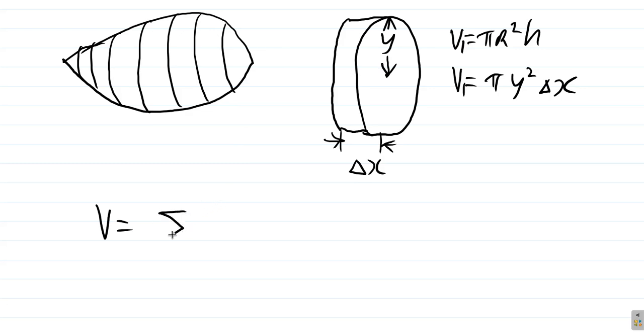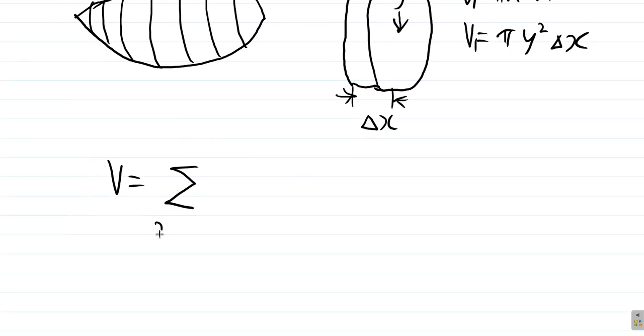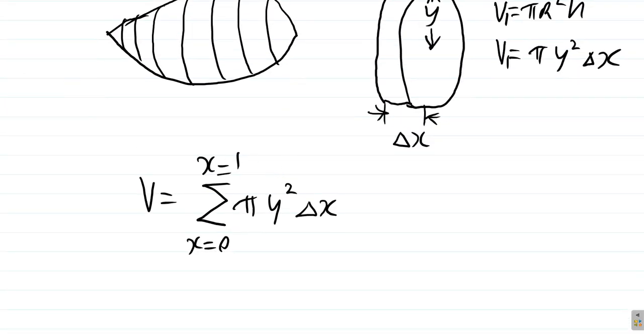It would be the sum, and you're summing from x equals 0 to x equals 1 of pi y squared times that change in x, delta x. Alright? Now, we can put the pi outside the summation. It's a constant, so we can do that.